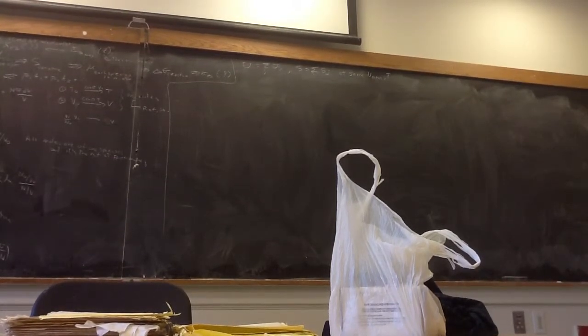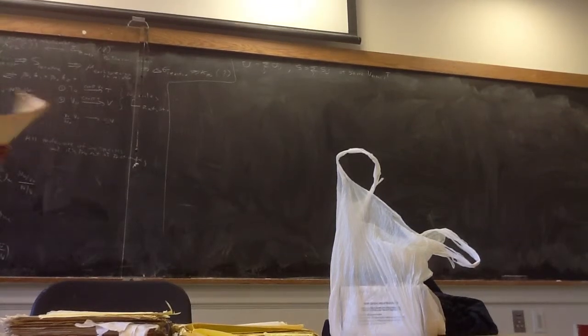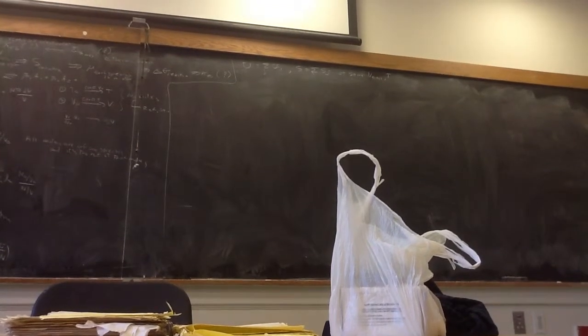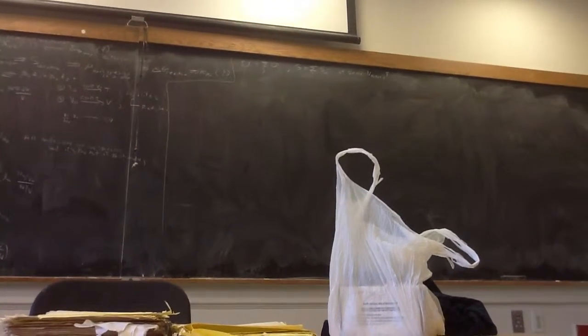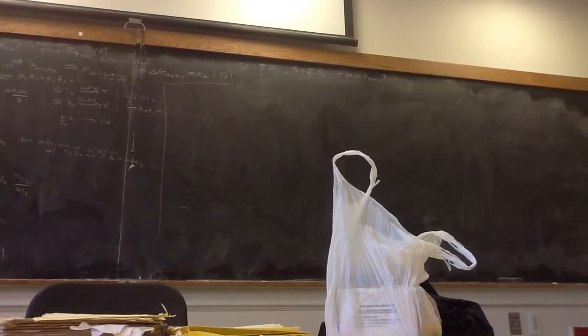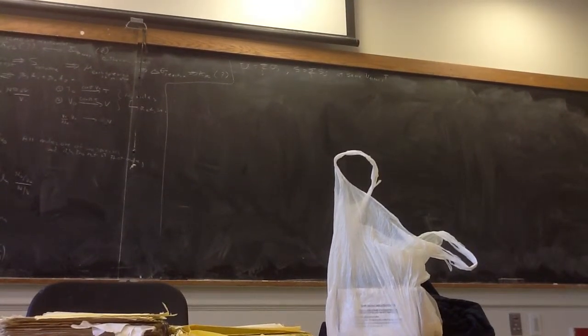So I'm not dividing up the volume. Each of the SJs and UJs are for the jth component if the NJ moles of component J occupy the whole volume.